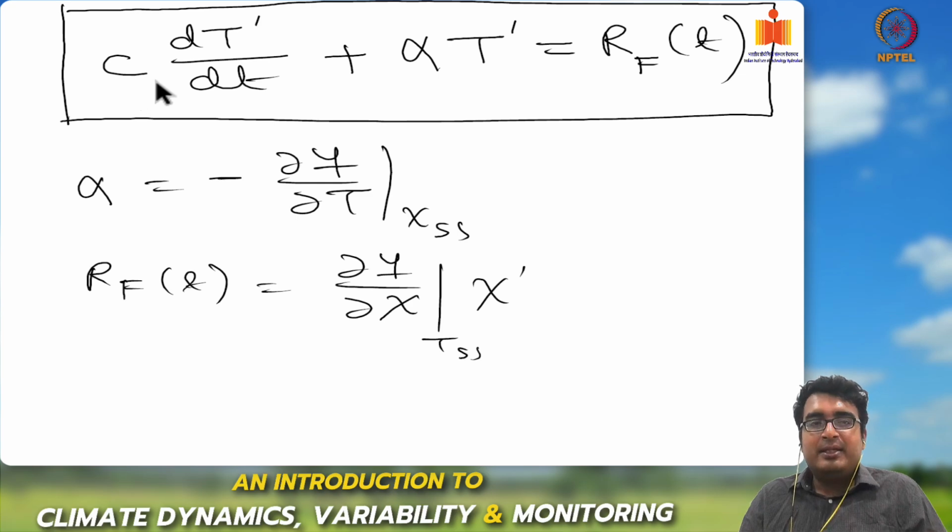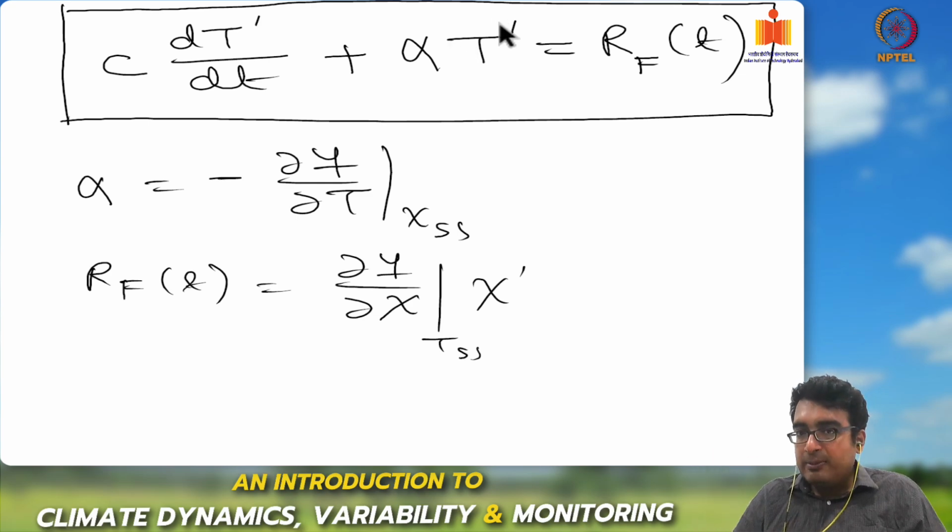That heat capacity into the rate of change of a temperature perturbation with time, dT prime dt, plus the climate feedback parameter alpha into the temperature perturbation at that given instant of time.